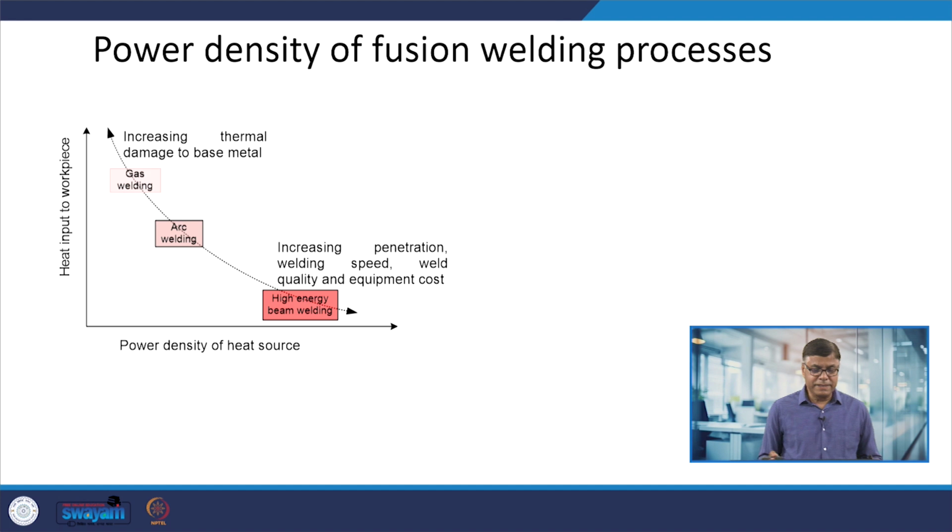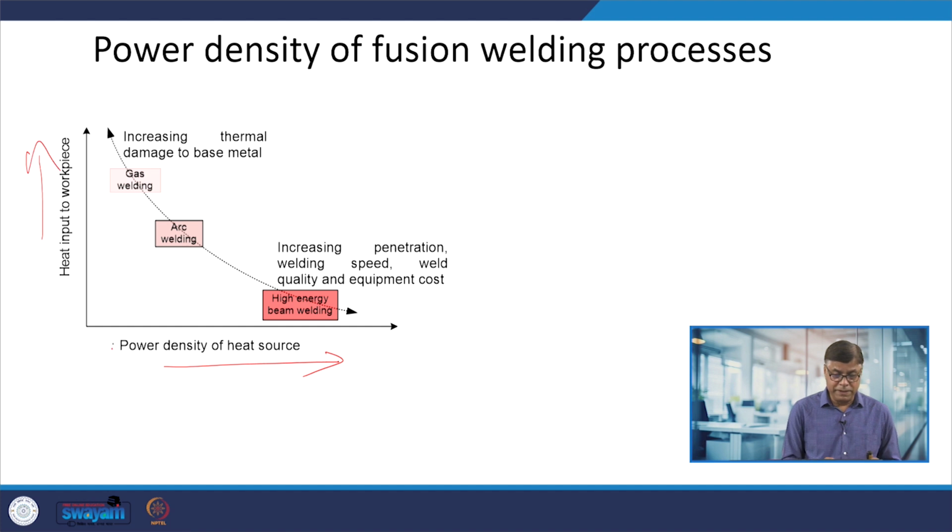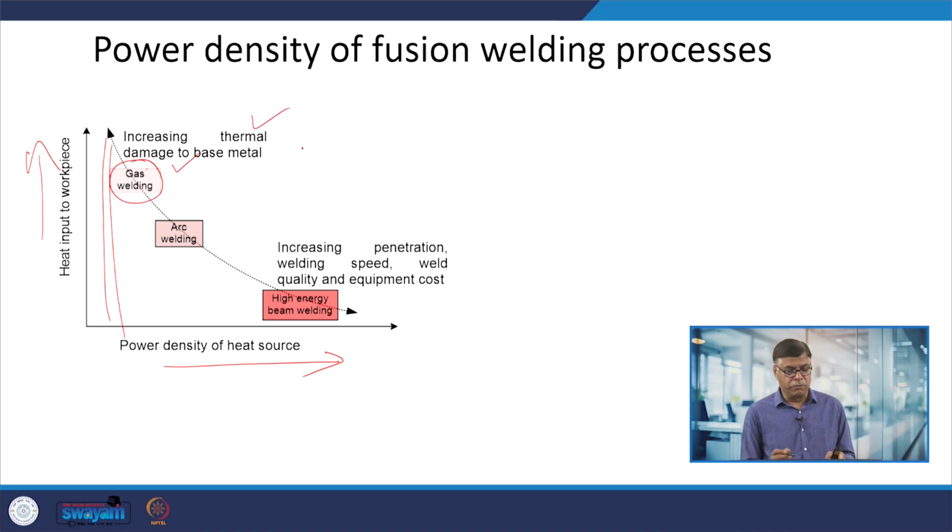Okay. So, this is a schematic diagram showing the power density of the welding process and how it affects the heat input to the workpiece. So, when we are working with low power density, say for gas welding, a lot of heat is to be supplied, that increases the thermal damage, wide heat affected zone, and the greater degradation in the base metal properties.